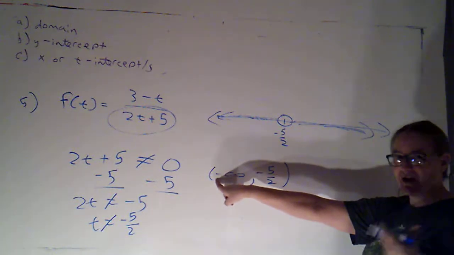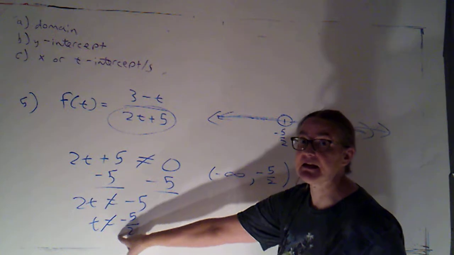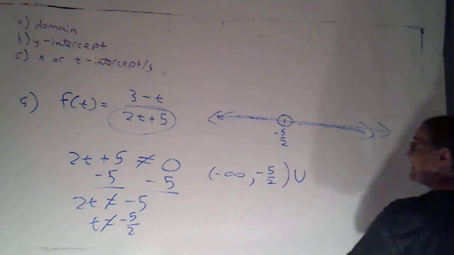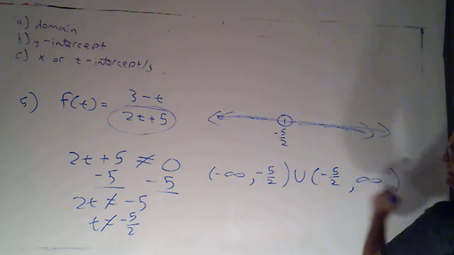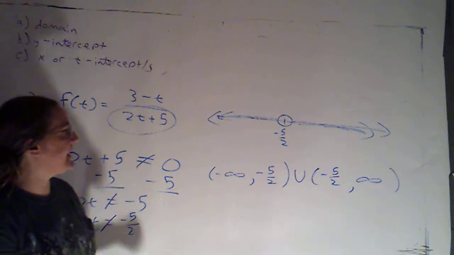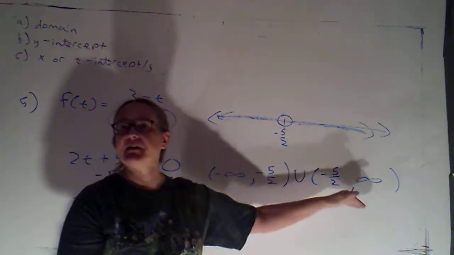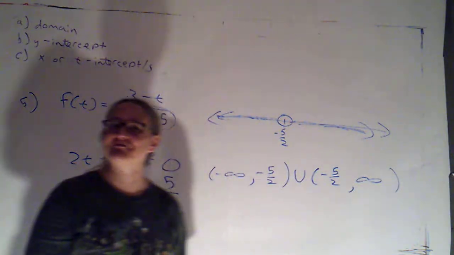Negative infinity is not a number, so it's not included. Negative 5 halves isn't included because we said t can't be that number. Union, the second interval, is just negative 5 halves to infinity. So when you've got one value that's not in the domain, your domain is going to look something like this: all of the numbers up until that point and all of the numbers after that point.